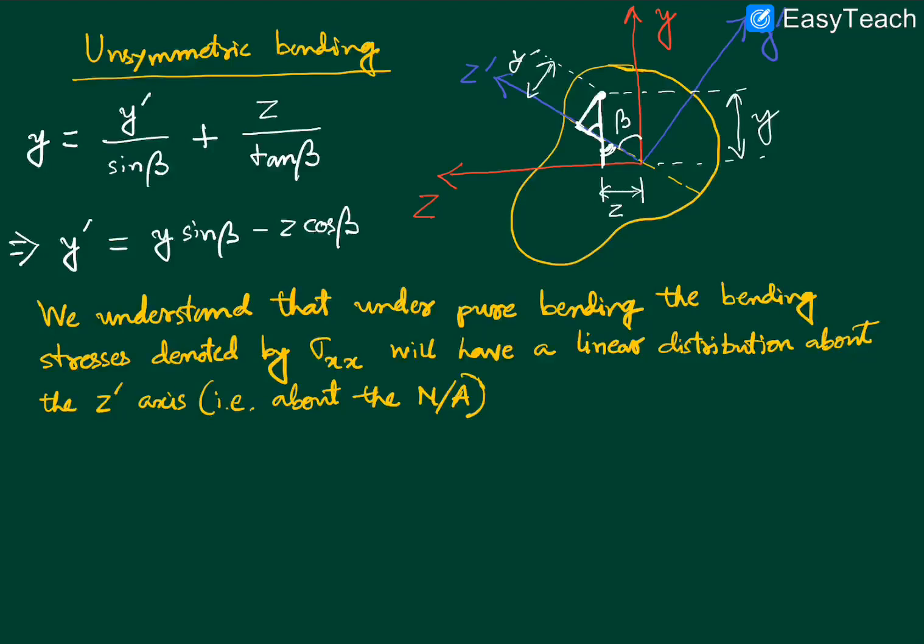So to keep things general, we'll just write it like this: sigma xx is equal to k y dash. This particular form k y dash represents that the sigma xx is linear about the z dash axis. What we don't really know is the value of this k.